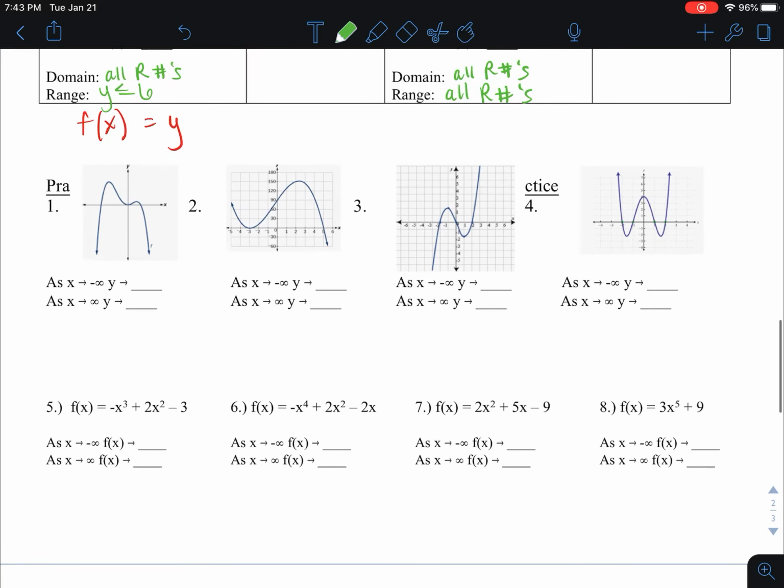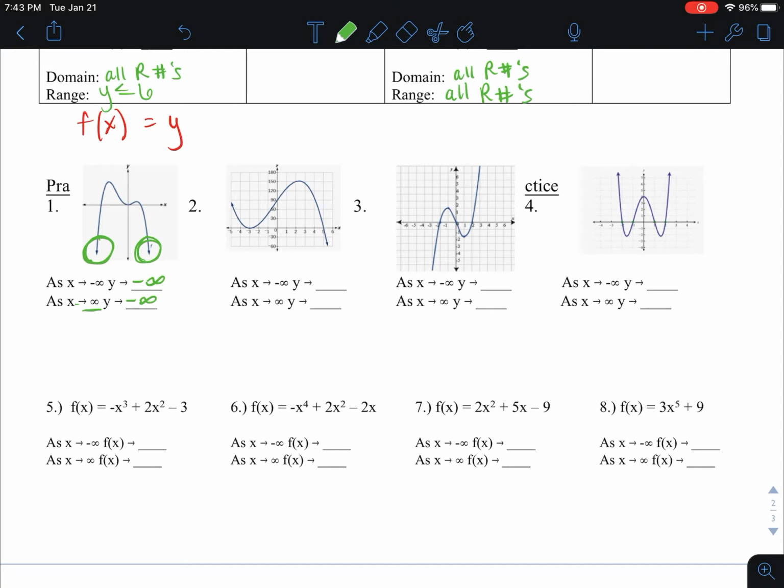All right, let's look at these practice questions down here. Okay, again, I know my copy's kind of messed up, practice is cut up, but don't worry about it, yours should be fine. So again, as x goes to -infinity, so that's the left-hand side, my y is going to -infinity. And as x goes to positive infinity, that's the right-hand side, it's also going down.